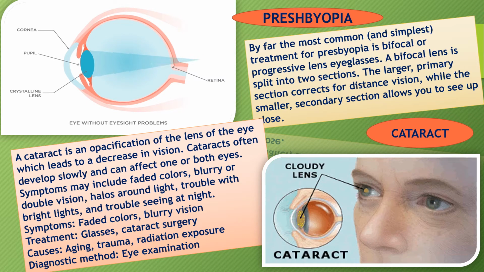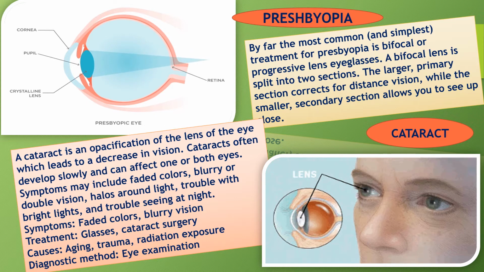This is presbyopia. Cornea is there, pupil is there, and the crystalline lens is also there. First, the eye without any disease is shown, and the next one, the presbyopia disease of the eye. Now, the next one, that is cataract.